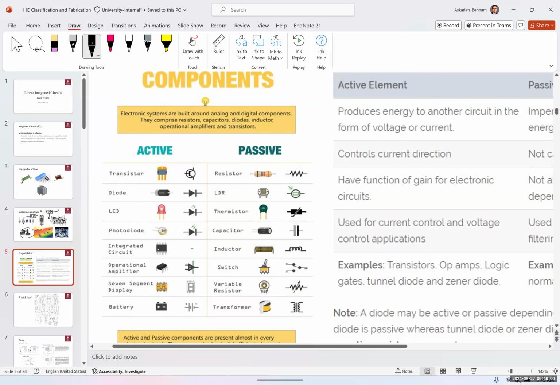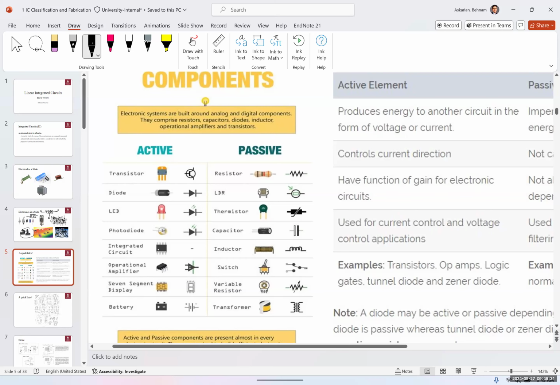Passive elements are like resistors, light detecting resistors or LDRs, thermistors, capacitors, inductors, switches, variable resistors, and also transformers. The difference between active elements and passive elements is that active elements produce energy on their own, and passive elements don't.